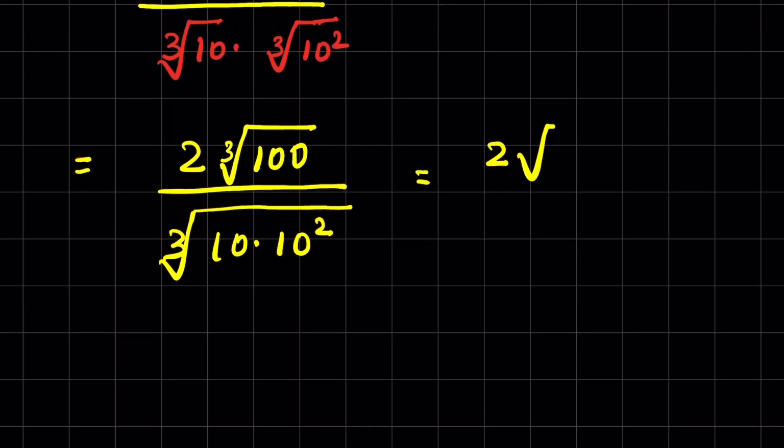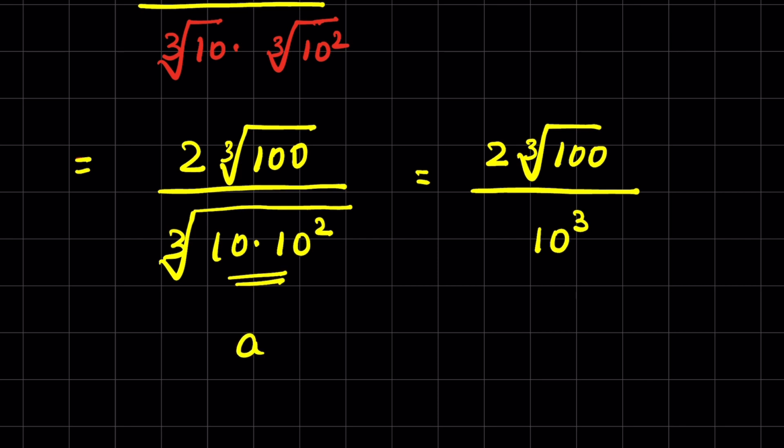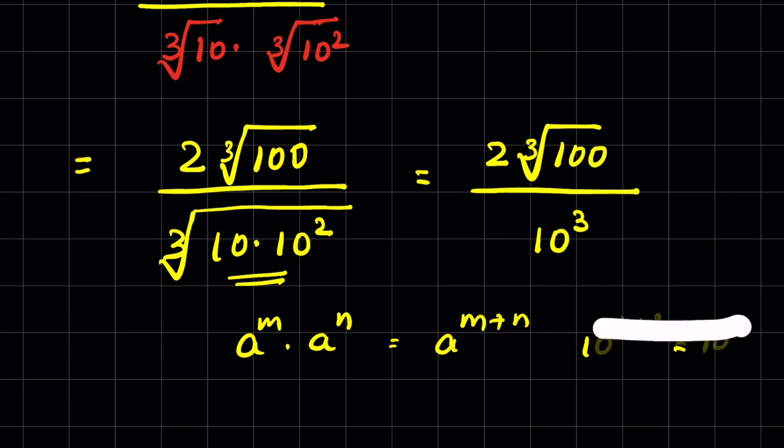That's how we have written this. So it will be 2 times cube root of 100 upon 10 cube, because it is in the form of a raised to the power m times a raised to the power n, and this means a raised to the power m plus n. So 10 raised to the power 1 plus 2 is 10 raised to the power 3.